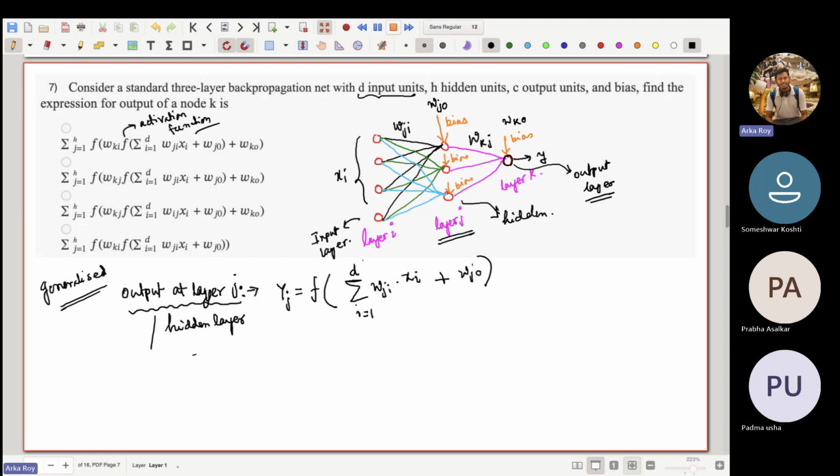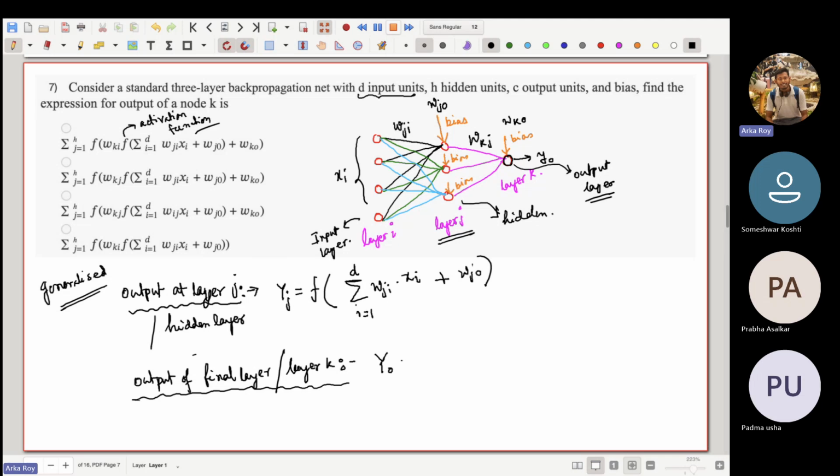Now we have to predict the final output, or the output of the final layer, layer K. I can write it as Yo.